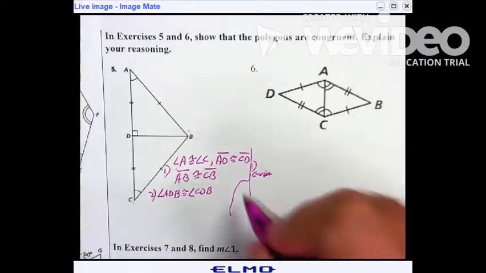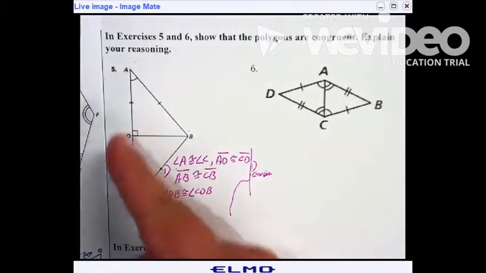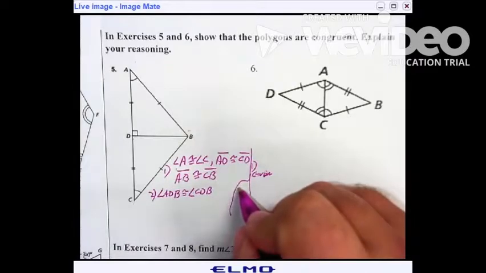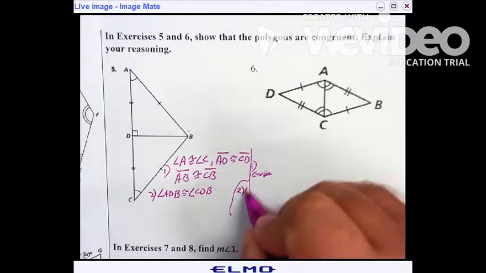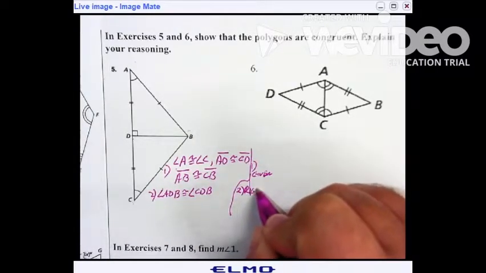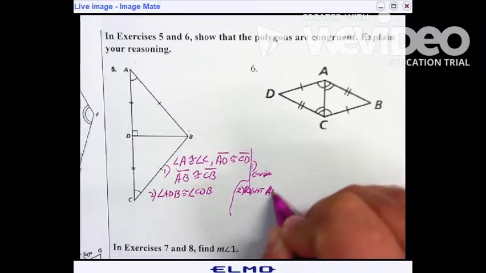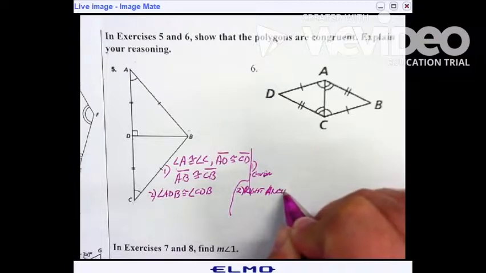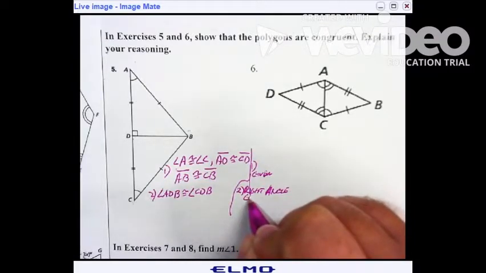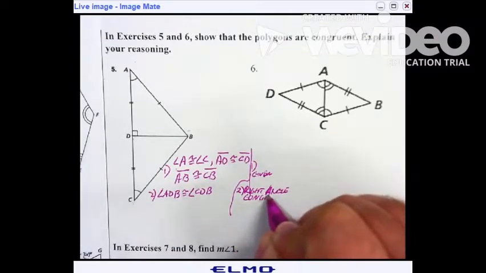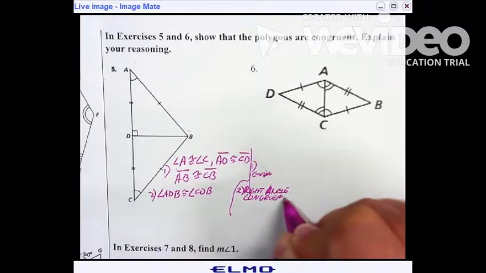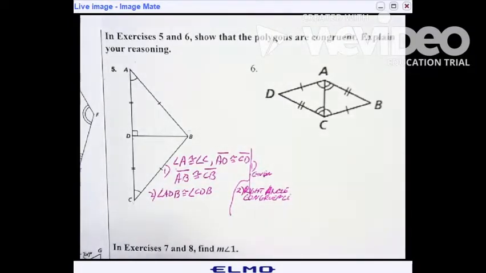Even though they're not actually marked congruent, I know they are because of the right angle congruence there. So right angle congruence. So that gets me 4 of my 6 that I need.